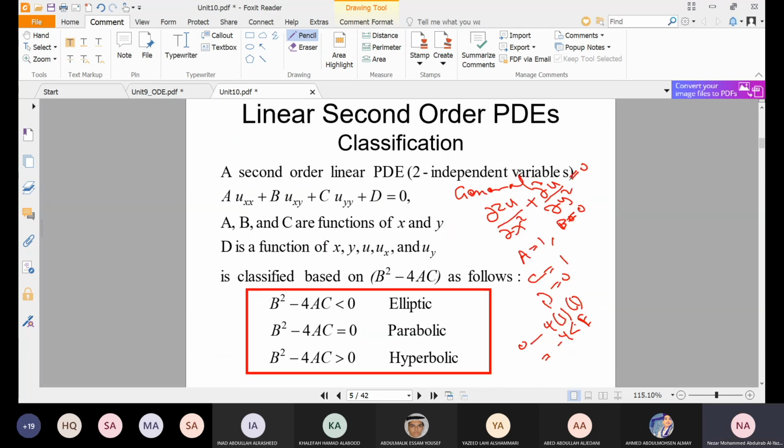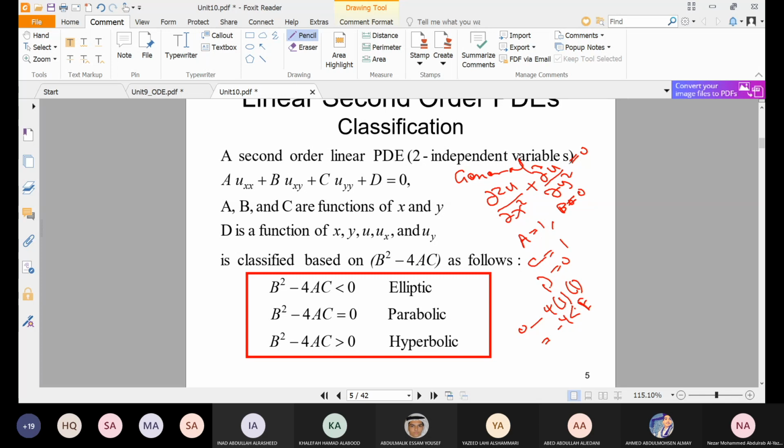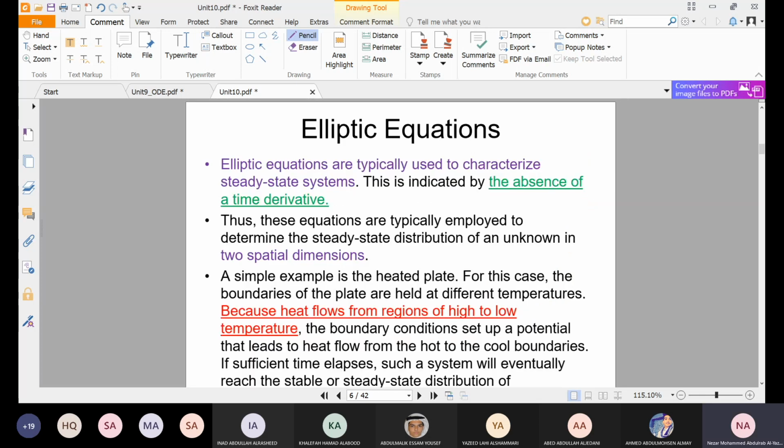So any equation that is given, you can classify based on this quadratic form. The elliptic equation is commonly used to characterize steady state systems, which indicates the absence of the time derivative.